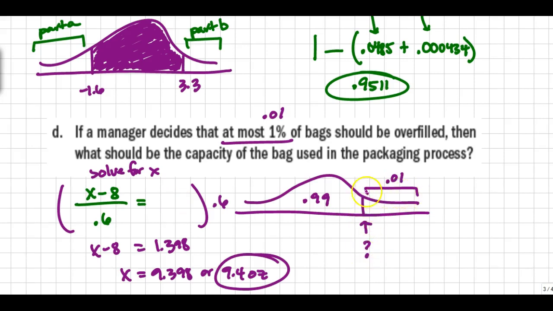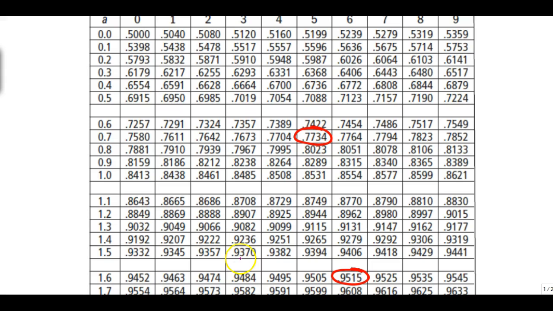So we're going to look up 0.99 because that's the complement of what we're looking for, and we're going to find what the z-score is that matches with that. So we're going to use the table in reverse this time. This time you're going to look for 0.9900, and you're going to look for that in this region here.